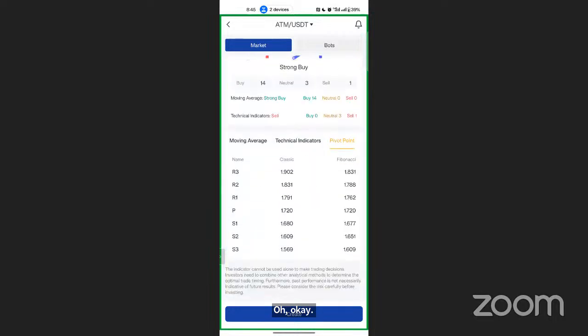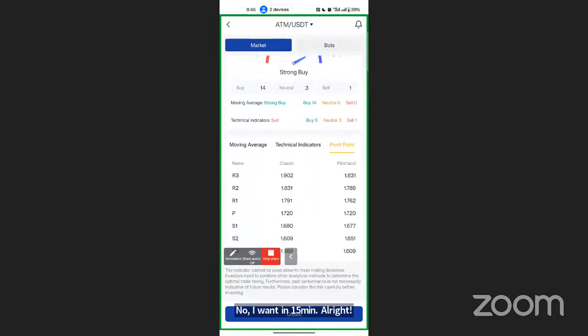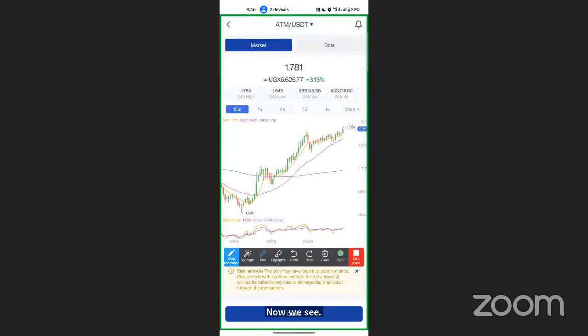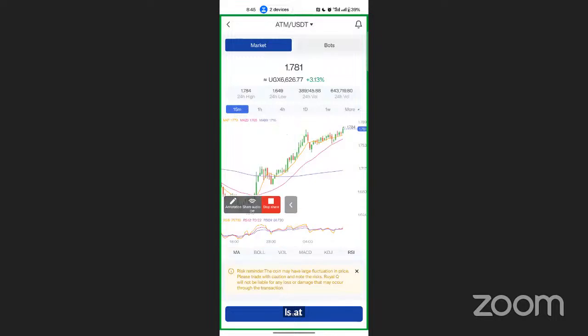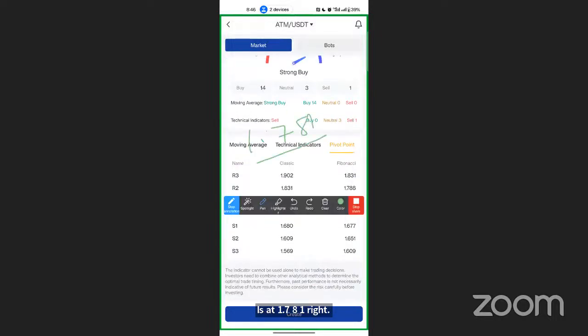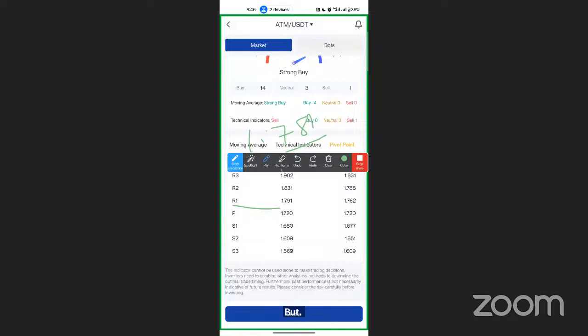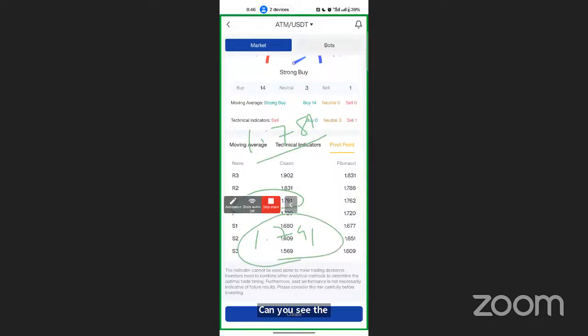Now we see the current price is at 1.781, right? But the resistance one is at 1.791. Can you see the difference? We still have some little decimals, okay?